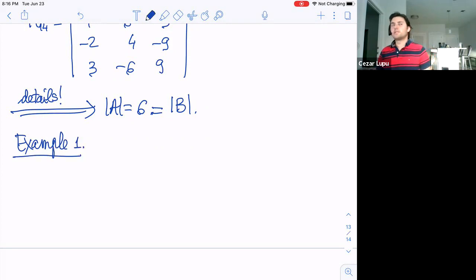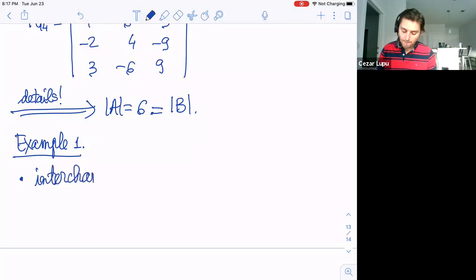So we want to see what kind of effects elementary row operations have on a determinant. And the first thing that I have in mind is the following. Let me interchange 2 rows in a matrix.